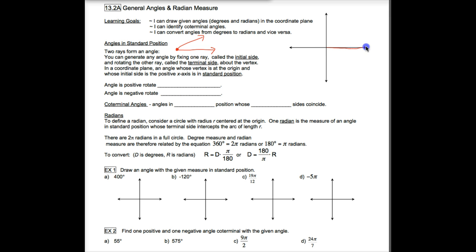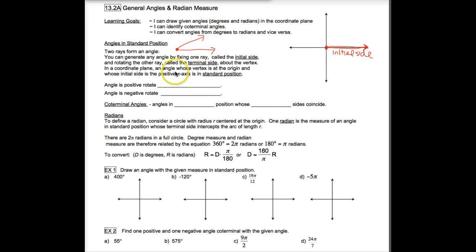So if this is the initial side, this ray, the positive part of the x-axis, is the first part. Then we can make an angle by rotating the other ray about the vertex, which will be the origin.